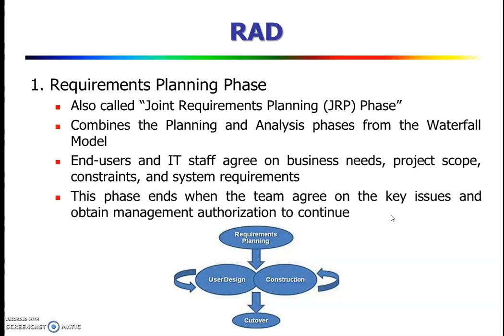In this phase, we combine the planning and analysis phases from the waterfall model. End users and IT staff agree on business need, project scope, constraints, and system requirements. This phase ends when the team agrees on the key issues and obtains management authorization to continue.